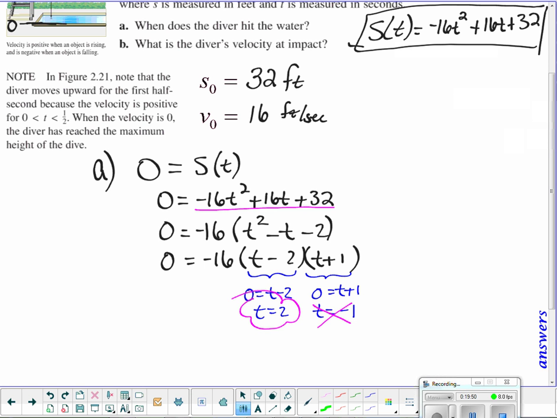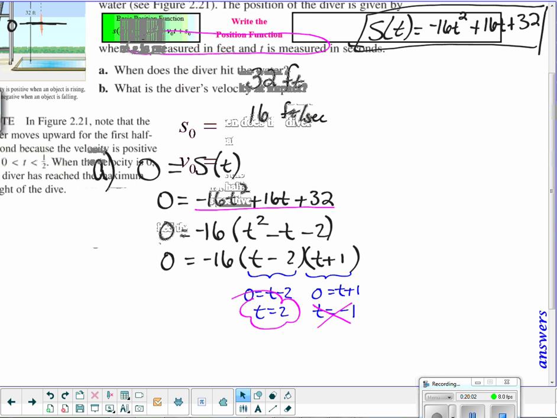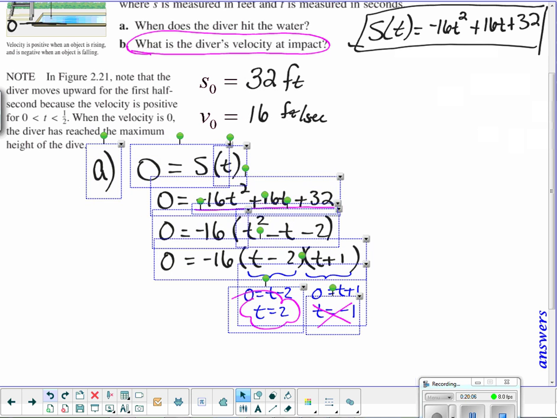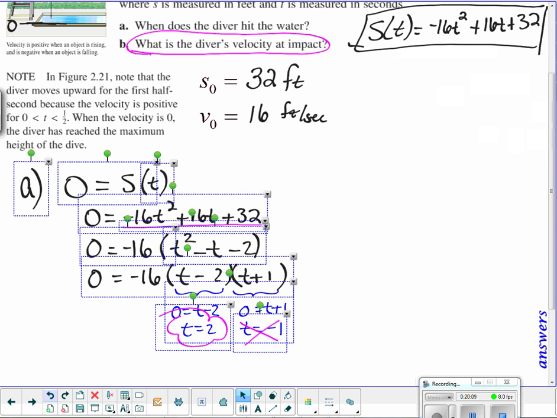Part B, what did Part B ask? What is the diver's velocity at impact? Well, I need to get to velocity, and in order to do that, let's move this over because we have to borrow some information off this.